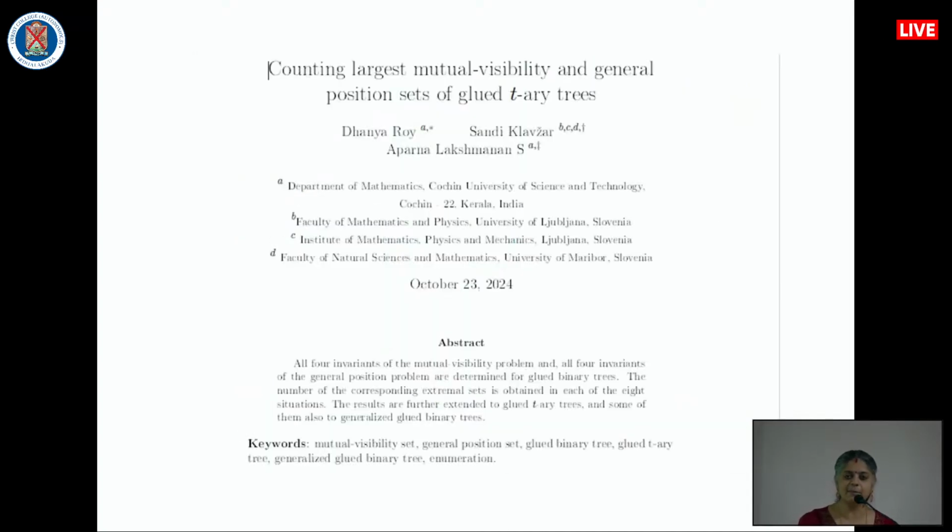And this is our second paper in that direction, counting largest mutual visibility and general position sets of glued binary trees. Here what we have done is that for glued binary trees, generalized glued binary trees, glued t-ary trees and generalized glued t-ary trees, we have not only evaluated the value of the parameter, but we have actually counted how many GP sets are there and how many mu sets are there.